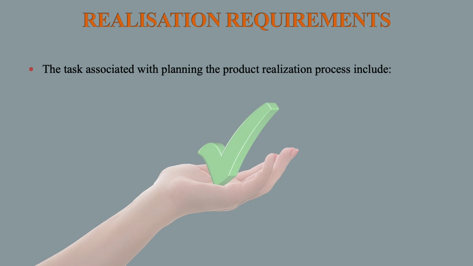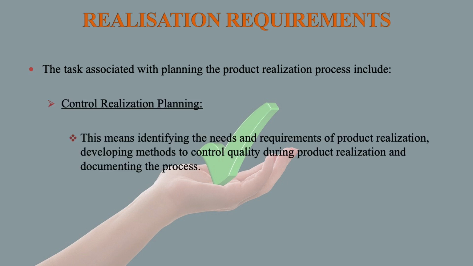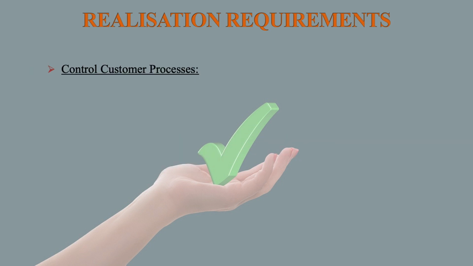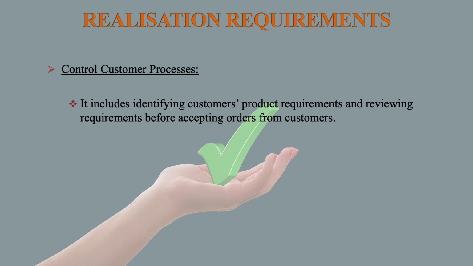Then realization requirements. The tasks associated with planning the product realization process include control realization planning. This means identifying the needs and requirements of product realization, developing methods to control quality during product realization, and documenting the process. Control customer processes: it indicates identifying customers' product requirements and reviewing requirements before accepting orders from the customers.